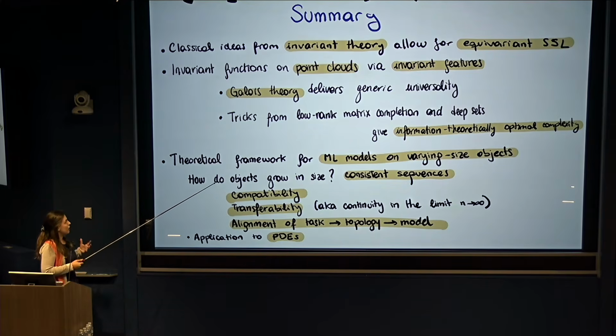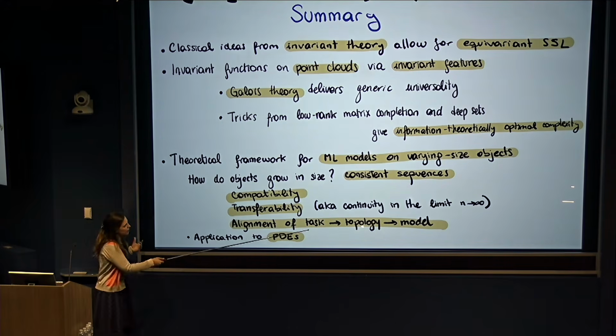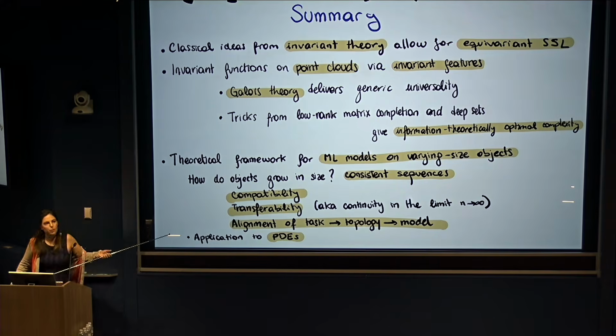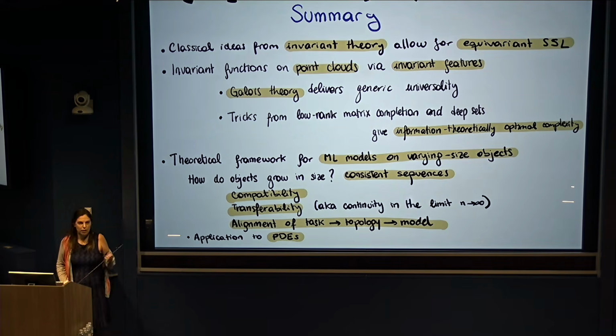And we gave a theoretical framework for machine learning models on varying size objects that studies how the growing of the objects in size connects the task, the topology, and the model. We have an application to PDEs, and I'm happy to talk about that offline if you're interested.